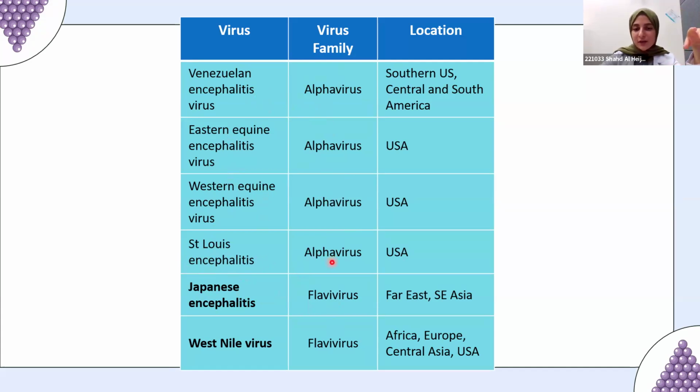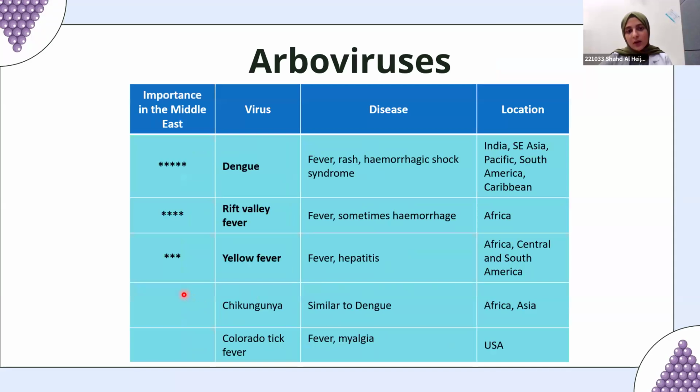Those all are under alpha viruses and they cause encephalitis. You also have West Nile and Japanese from flaviviruses under arboviruses causing encephalitis. So you need to remember those both. They usually don't ask about the rest, but you never know. Japanese encephalitis, West Nile virus, all those will cause encephalitis.